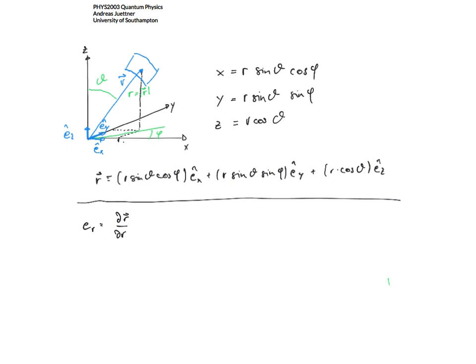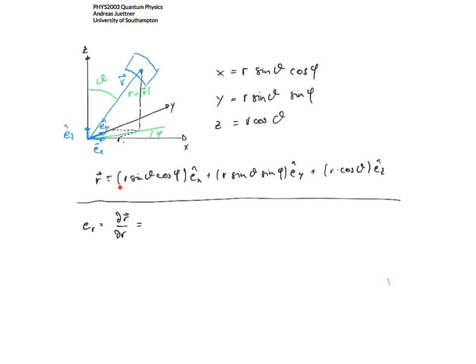So what does this mean? Basically, we say we have a vector r, this blue vector, and in order to find the axis in the r direction, we wiggle around this vector r with respect to r, which is the radial direction. We can write this out because we have an expression for the r vector in terms of the new coordinates, and I can immediately take the derivative with respect to r.